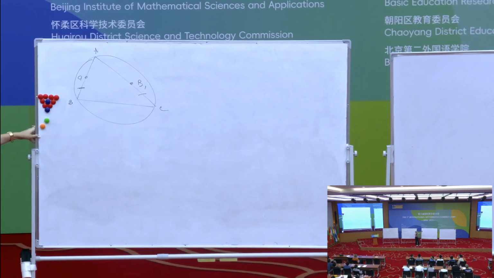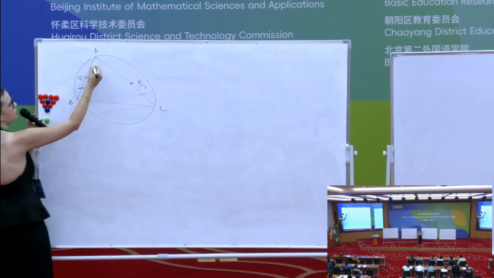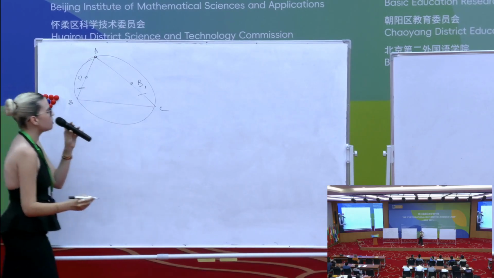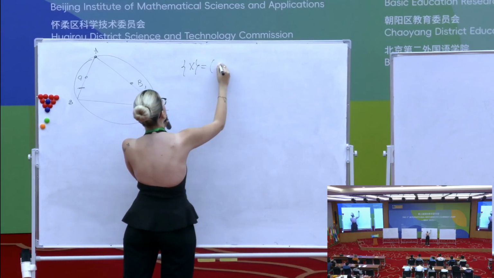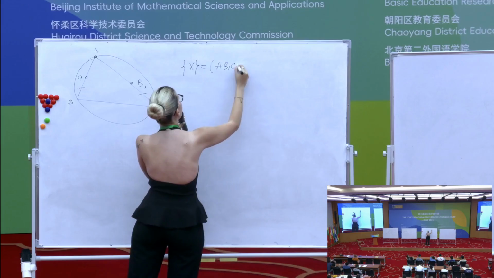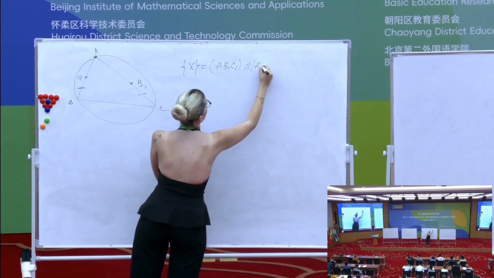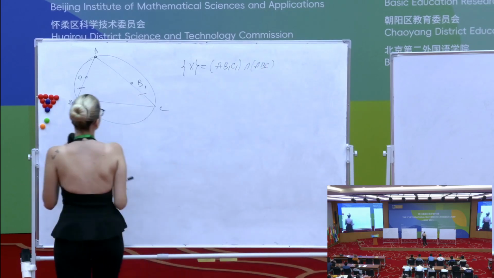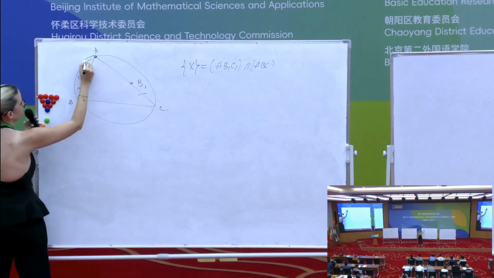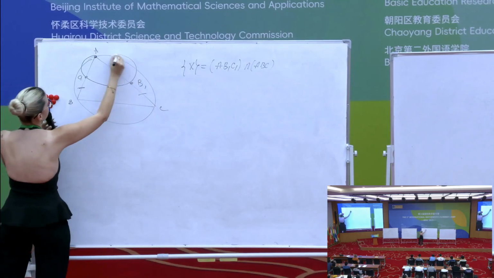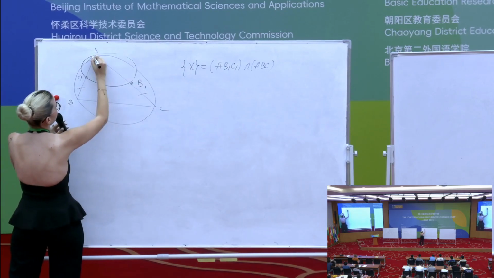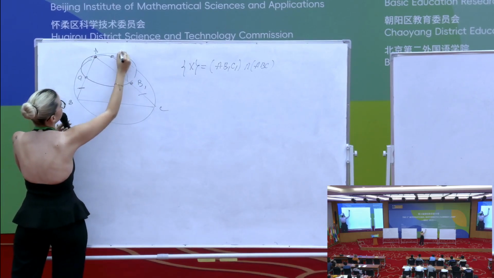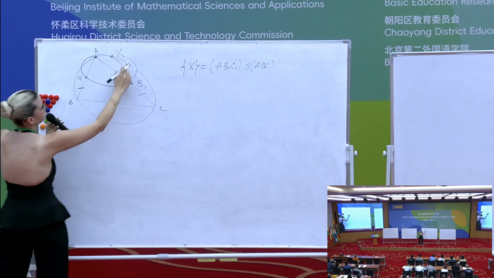Now consider the intersection of the circle AB1C1 with the circle ABC. We call it X.